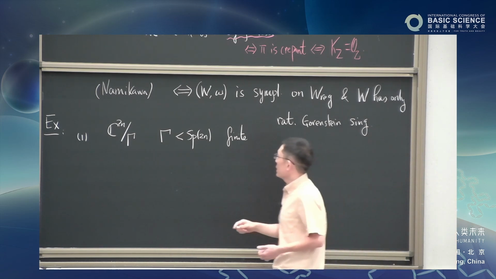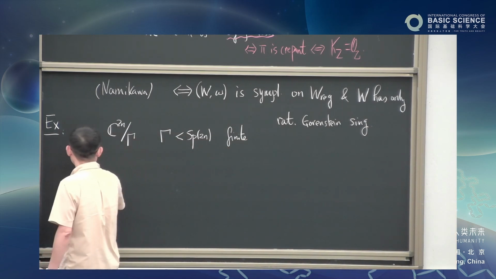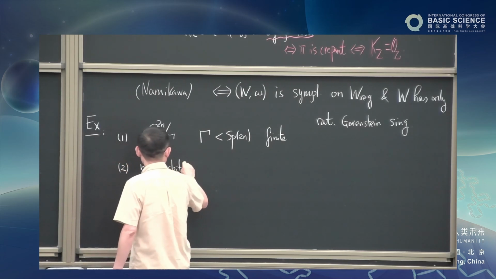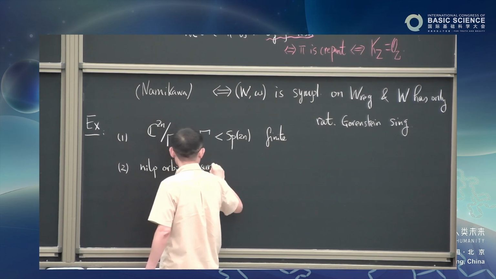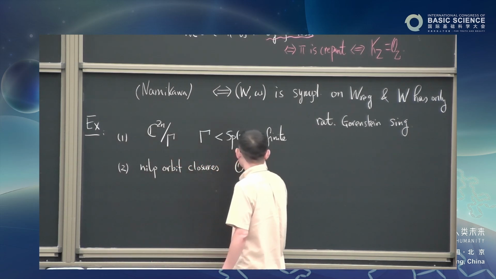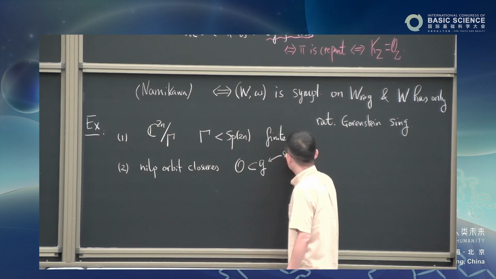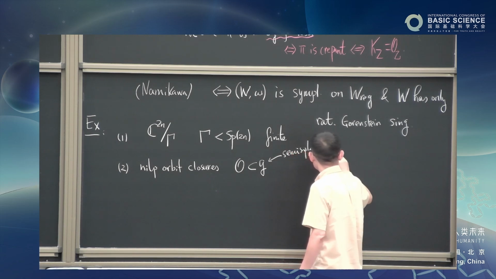The second kind of example is the nilpotent orbit closure. So you take a nilpotent orbit in some semi-simple Lie algebra, and then you take the normalization of its closure.